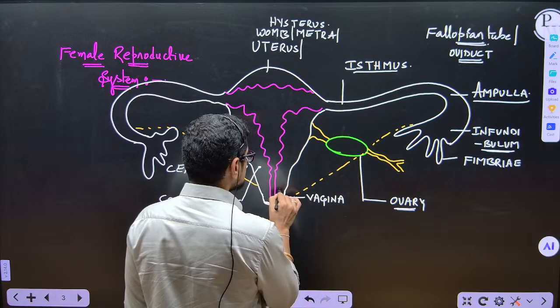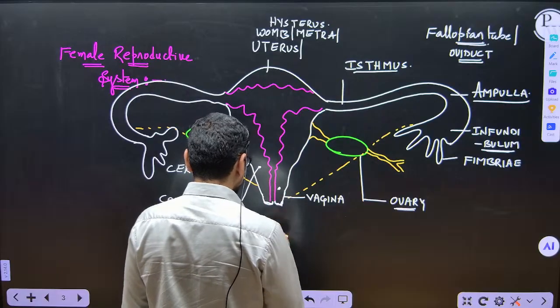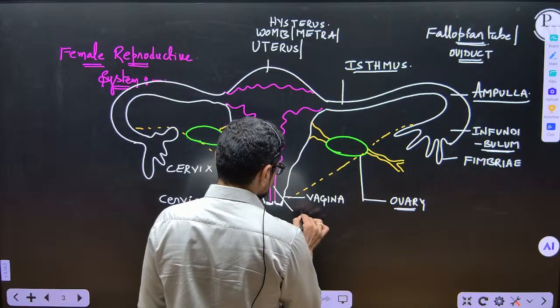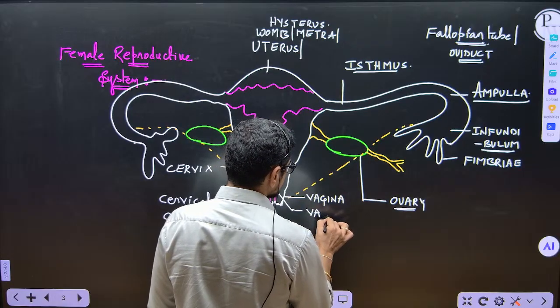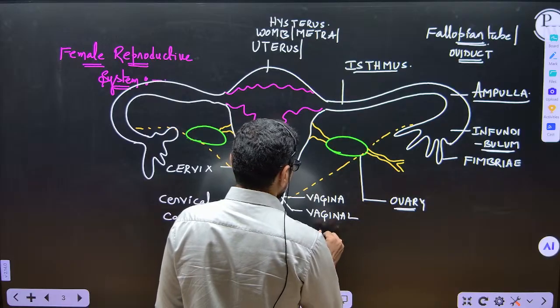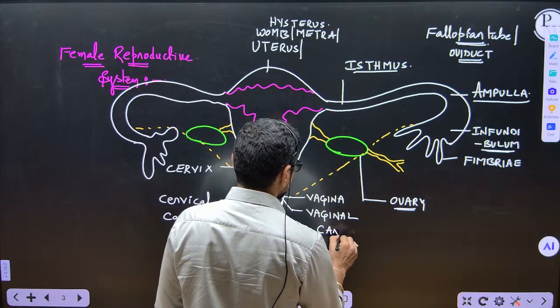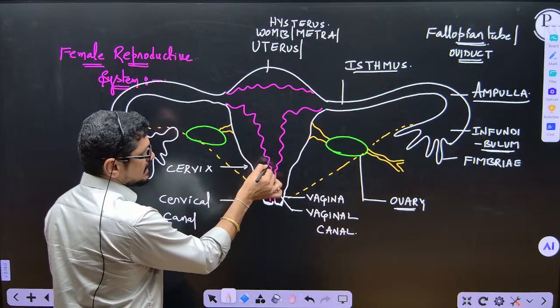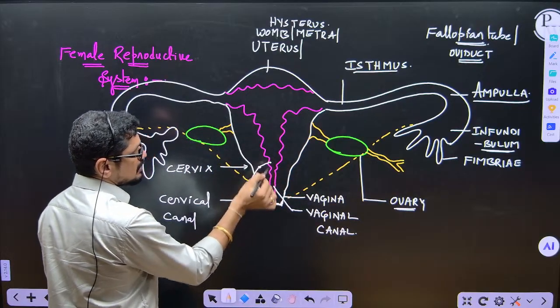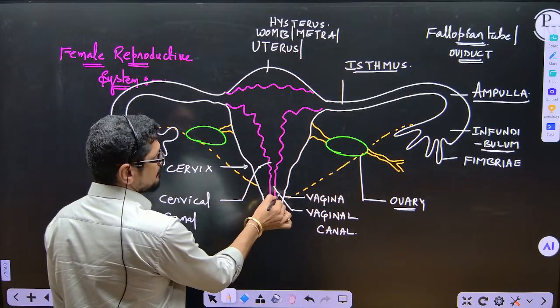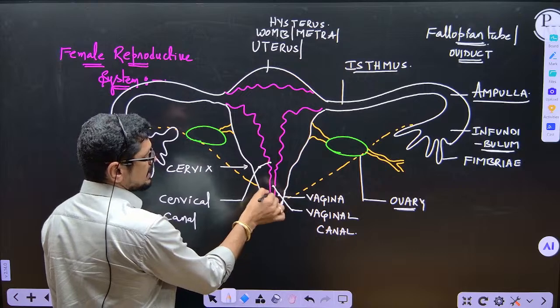The cavity which is present inside this vagina is the vaginal canal. So this is the cervix entire area, and this is the cervical canal. Similarly, this inside area is the vaginal canal.